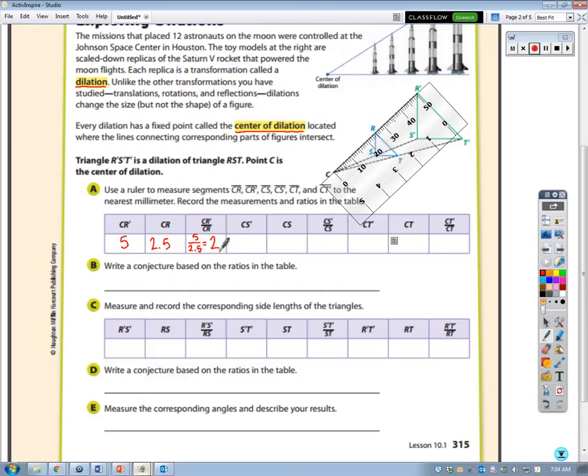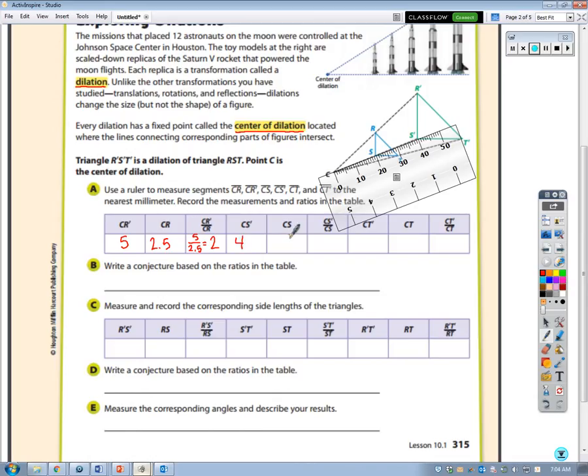Okay, so now I'm going to do CS, and then CS prime and CS. CS prime is 4 centimeters. I should put my units on here. That's a ratio, so I don't need my centimeters there.